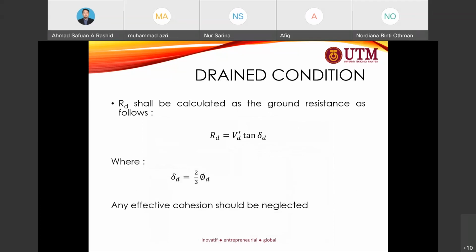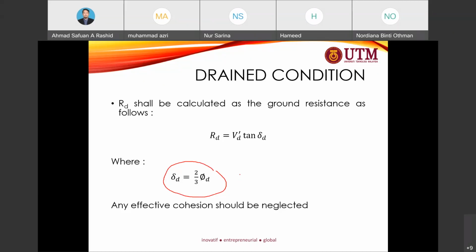For the drained condition of the sliding resistance, we use the same assumption of the friction between wall and soil, or the friction between material and soil, by using this friction between wall and soil parameter or formula.